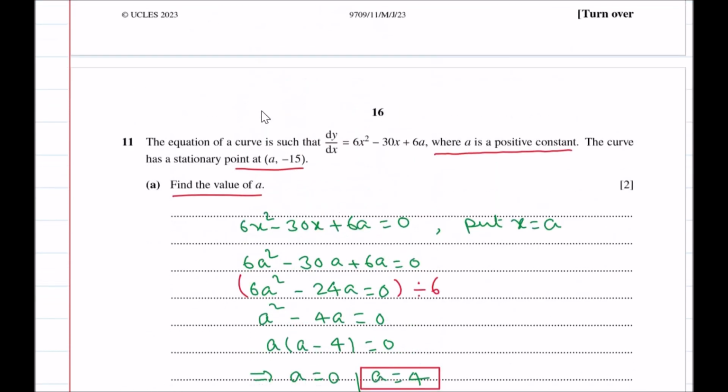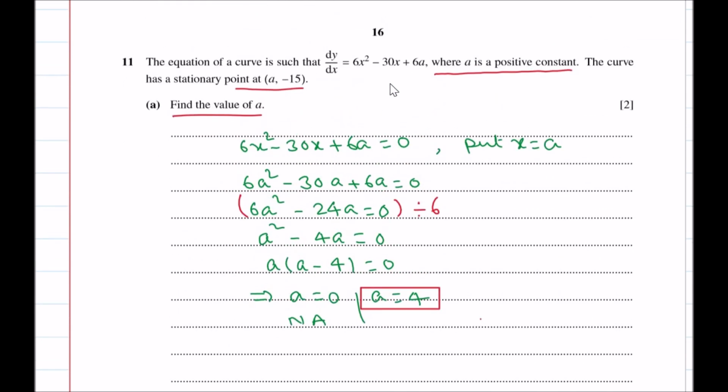Now determine the nature of this stationary point. Part B says determine the nature of this stationary point. And we know that to find the nature of this stationary point, we need d2y by dx2. So first of all, let us write dy by dx. Here we can see we have 6x square minus 30x plus 6a.